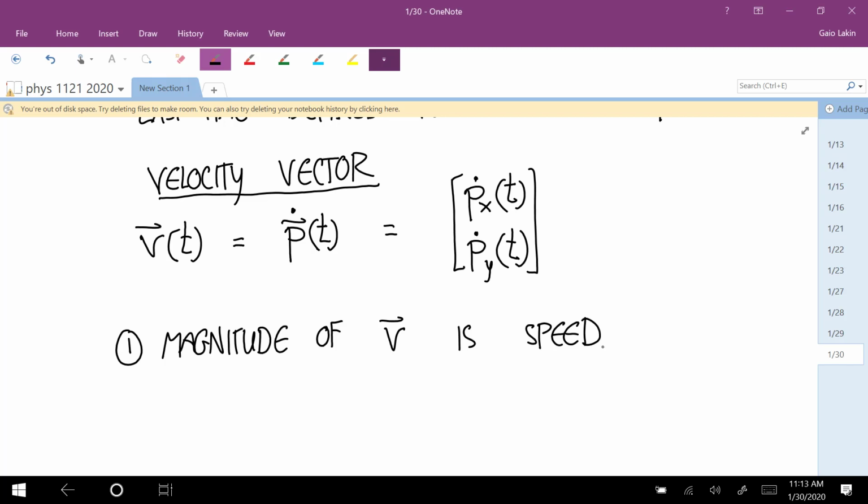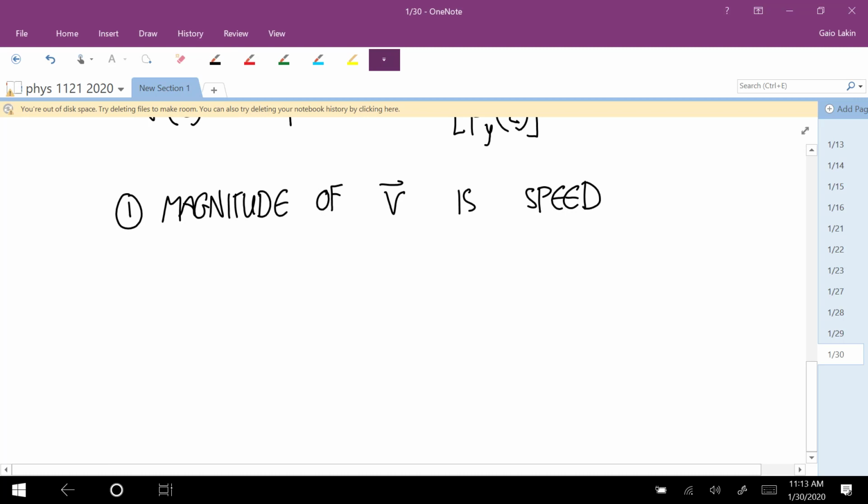And if you took the square root of the sum of the squares of your velocity components, that would give you the magnitude, and the magnitude would be what your speedometer says. Okay. And the other property a vector has is the direction. And that's the direction the object is moving at that instant.